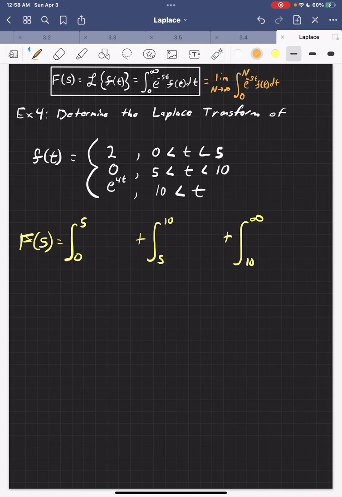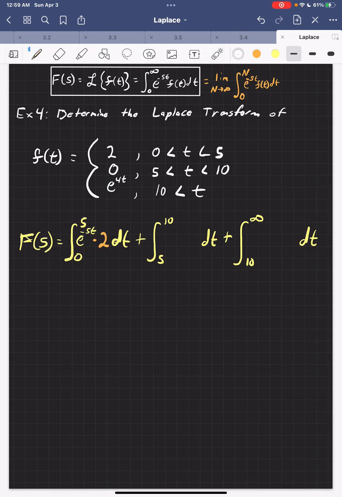So the very first function is 2. So it's going to be e to the negative st multiplied by 2, dt.